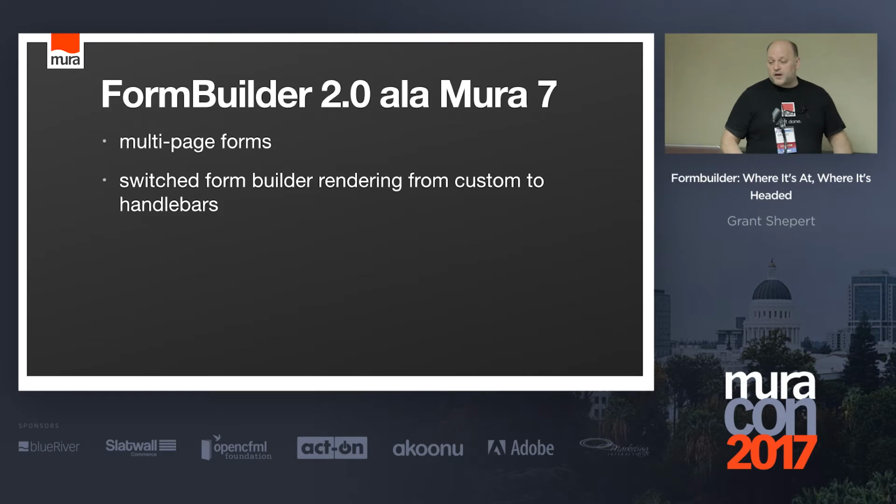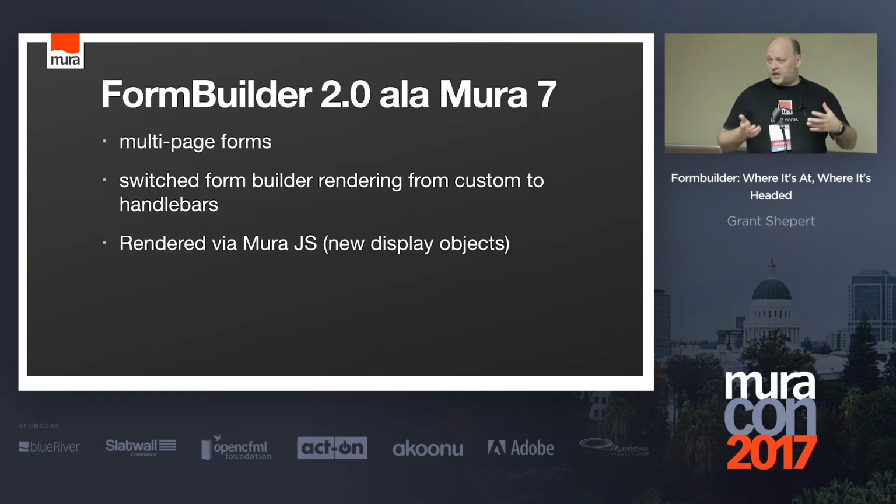And now it's rendered via Mura.js. So all forms now, when you drag them onto your front end, are actually rendered via JavaScript, and that offered a lot of flexibility and power as well.